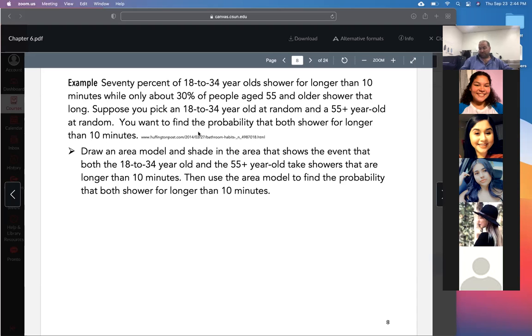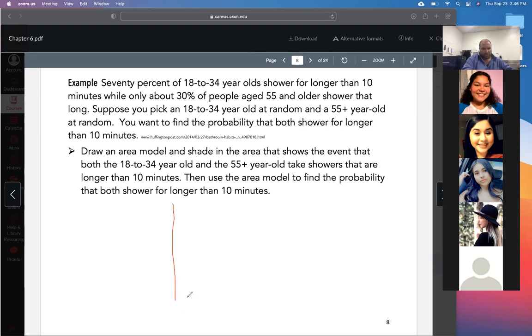Processing is good. Wouldn't it be that there should be like a category? So like, let's say the x-axis for the table is the 18 to 34-year-olds.